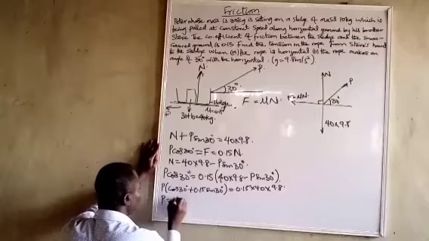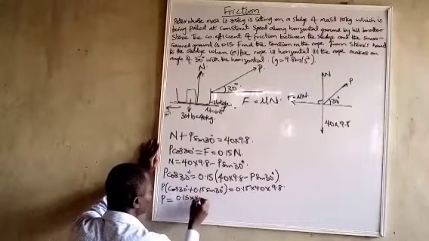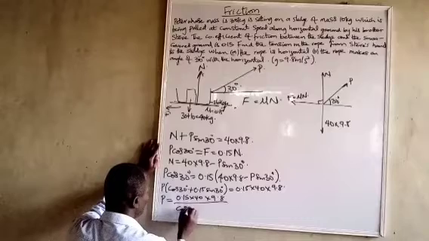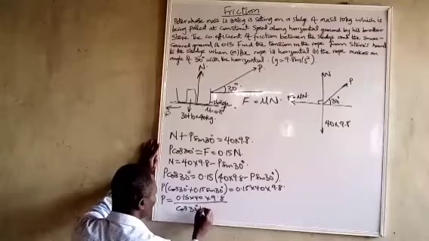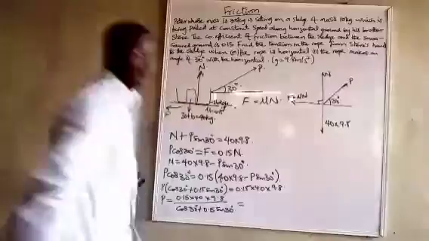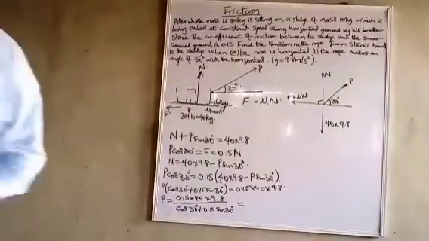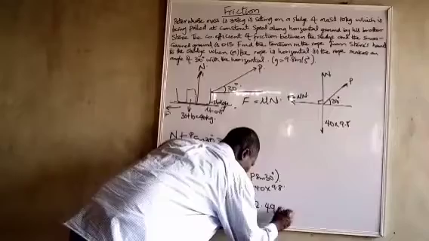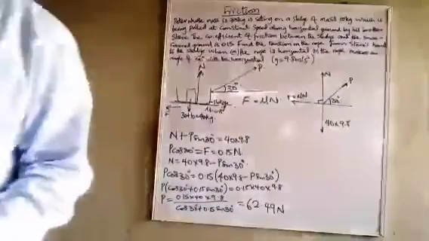Therefore, P is equal to 0.15 times 40 times 9.8 divided by (cos 30 degrees plus 0.15 sine 30 degrees). What does that give us? It gives us 62.49 Newton.